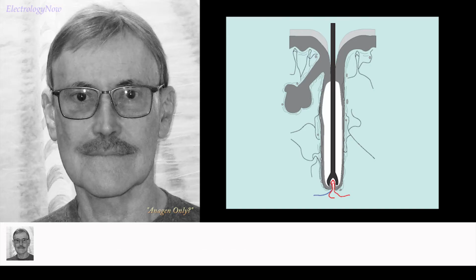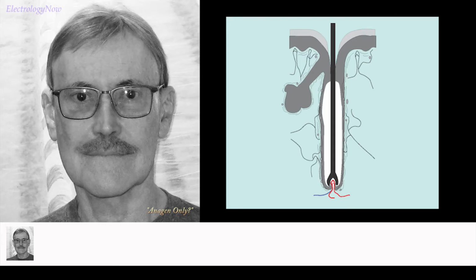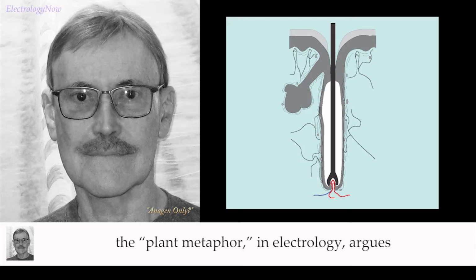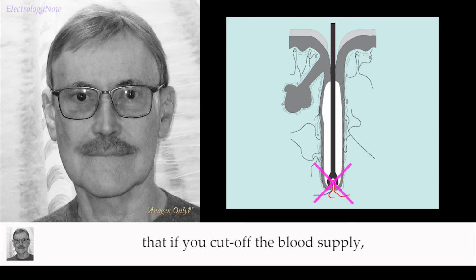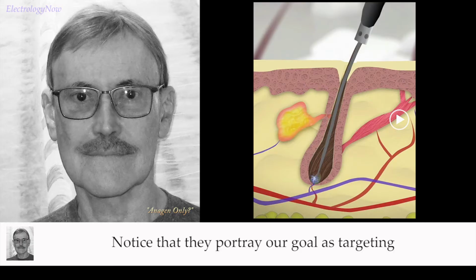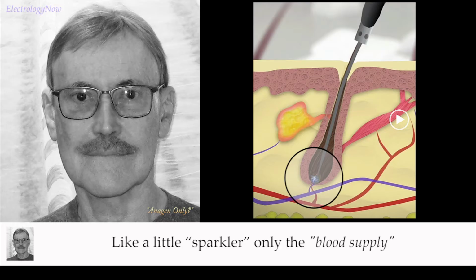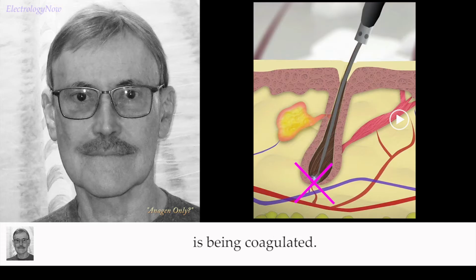Here's the model. A plant dies if you cut off the nutrients to the plant. The plant metaphor in electrology argues that if you cut off the blood supply, the hair dies, much like a plant. Here's a photo from one of our leading electrology companies. Notice that they portray our goal as targeting the tiny capillary loop at the base of an anagen hair. Like a little sparkler, only the blood supply is being coagulated.